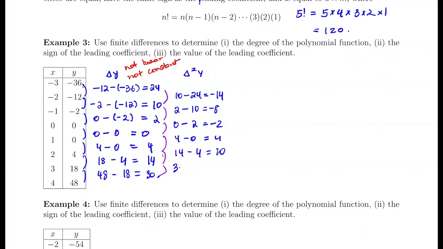And then 30 minus 14 is equal to 16. So we know that it's not going to be a quadratic as well. So not quadratic, because the second differences are not constant.